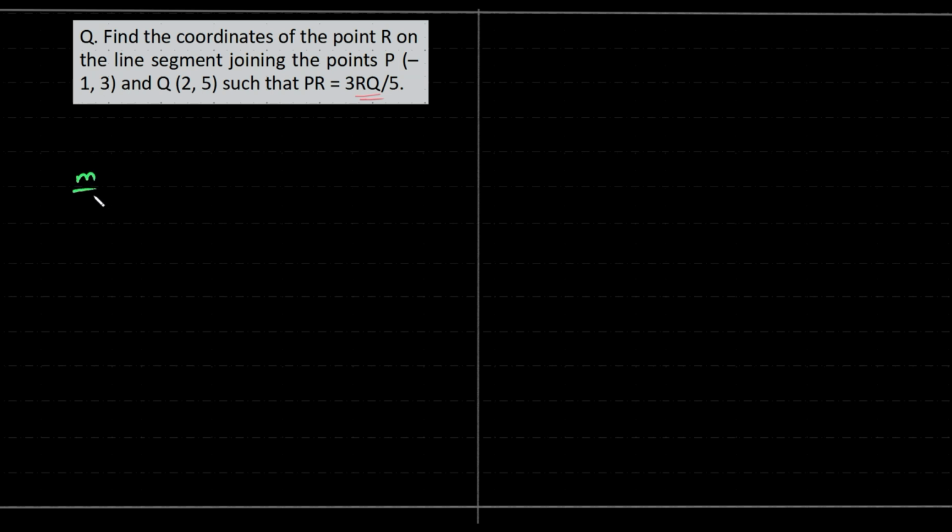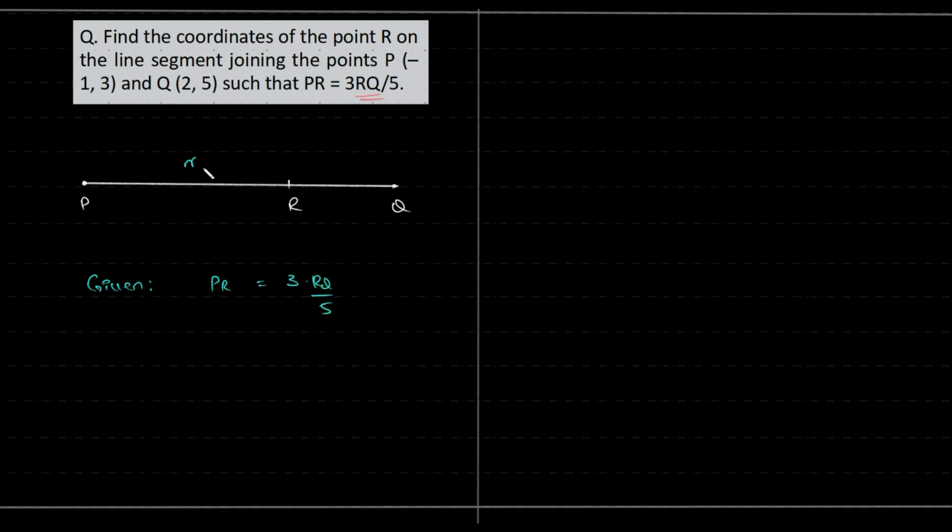Let me do the diagram again. We have the extreme values P and Q that we have to identify. So R is somewhere along the way. Let's not bother with where exactly it should be. Here we have in the given PR is equal to 3 times of PQ by RQ by 5.